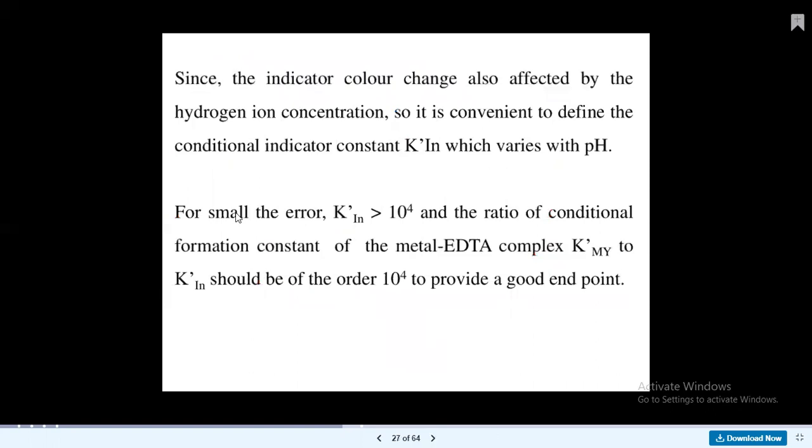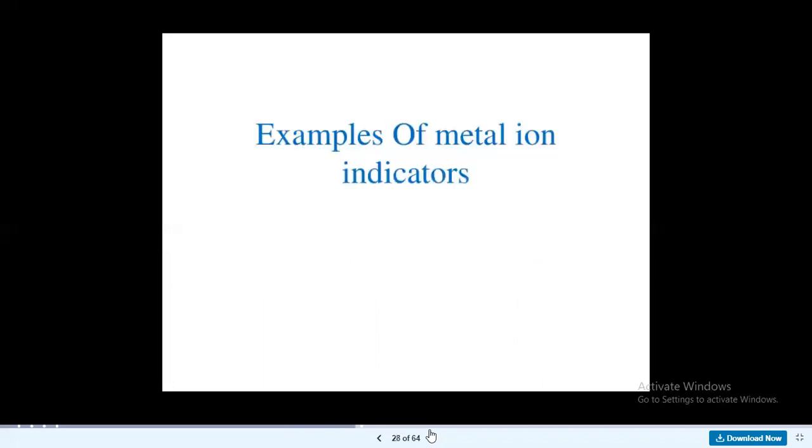For a small error, K_MIn should be 10^4, and the ratio of the conditional formation constant of the metal-EDTA complex K_MY to K_MIn should be of the order of 10^4 to provide a good end point. ये हमने पहले डिस्कस किया, that is the stability constant of metal.